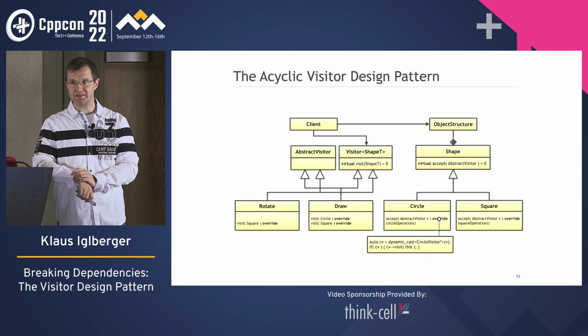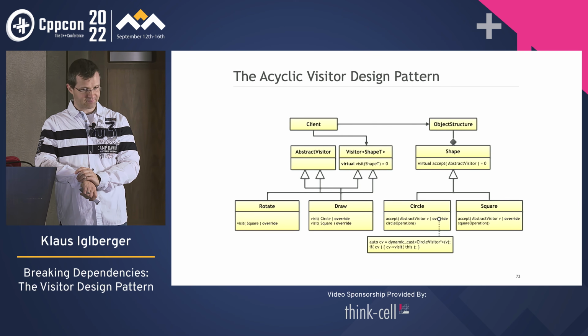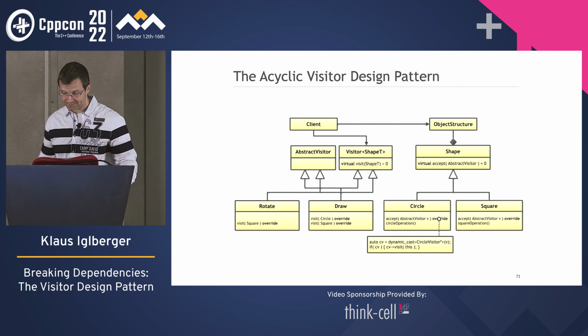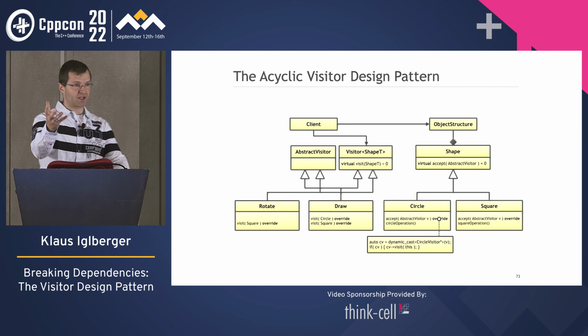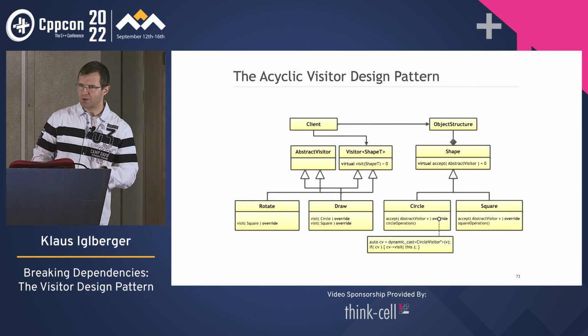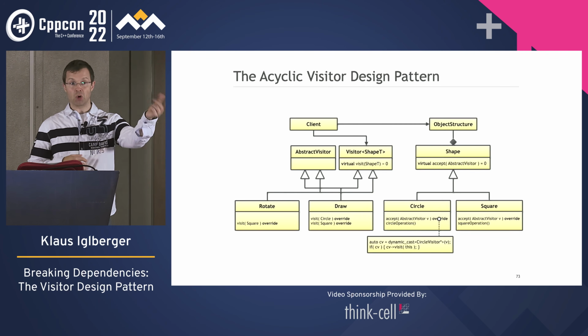A dynamic cast. Yeah, but in this context, this is actually required. Now, is this a sign of bad design? Because dynamic cast is always bad, isn't it? No, actually, this is okay. From a design perspective, this is perfectly okay because the circle simply asks, does this thing know me?